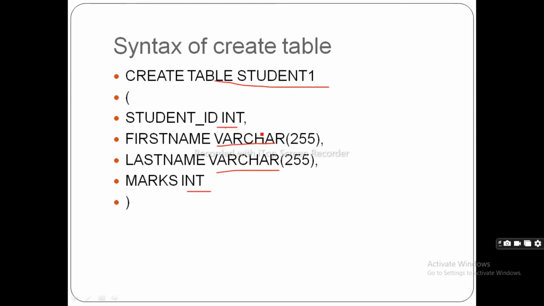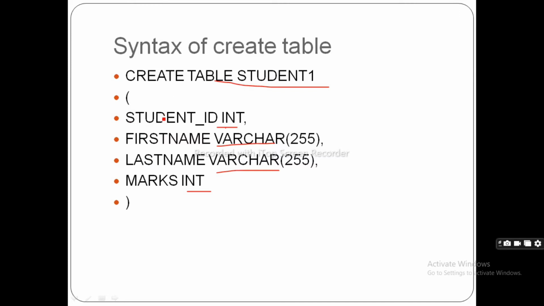We have to separate the details with a comma, and you can see in the last part we don't have a comma, so you need to consider this. Whenever we write create table, the syntax is like this: write the name of the table, bracket open, first column, second column, third column, fourth column.